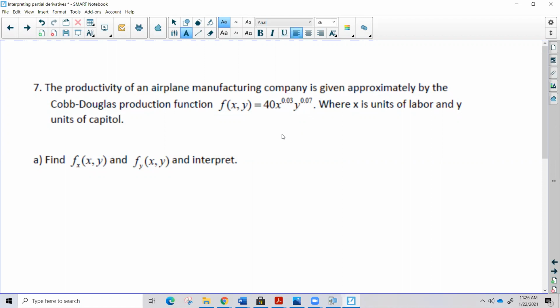X is the units of labor and y is the units of capital. And it says find f_x of xy and f_y of xy and interpret. This time they're not giving us a point, so we're just interpreting in general what these functions mean.